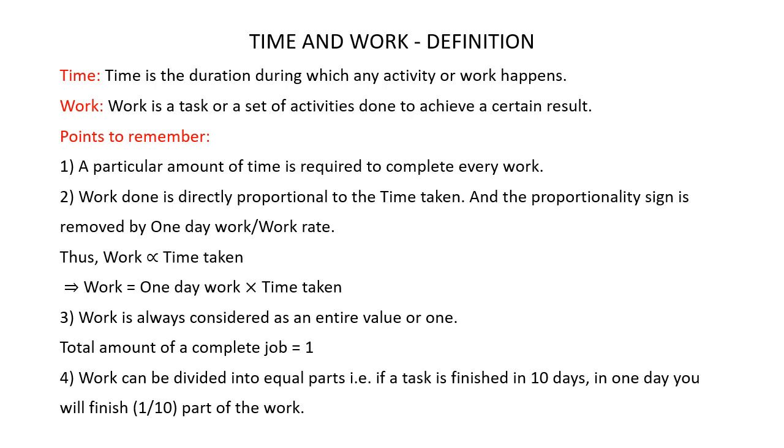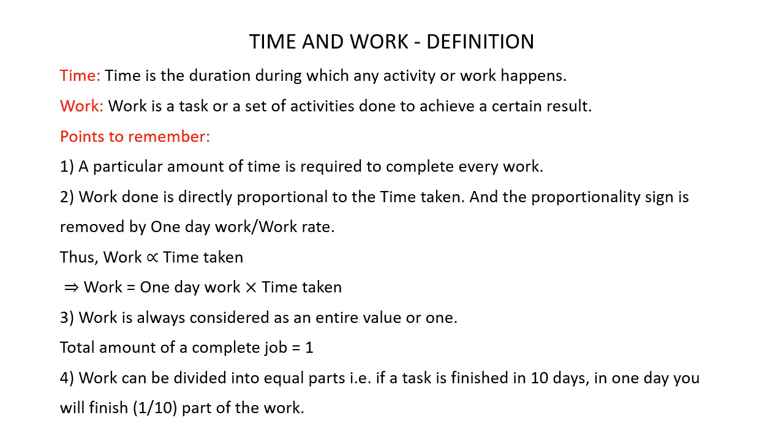You have to remember a few points regarding time and work. A particular amount of time is required to complete every work. Work done is directly proportional to the time taken. That is, the more time that is taken to complete the work, the more work is done.